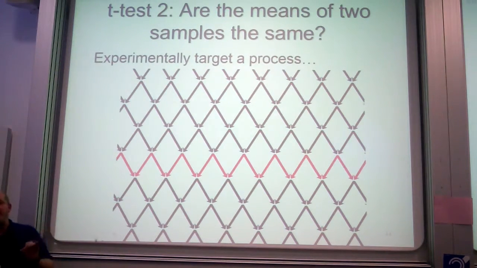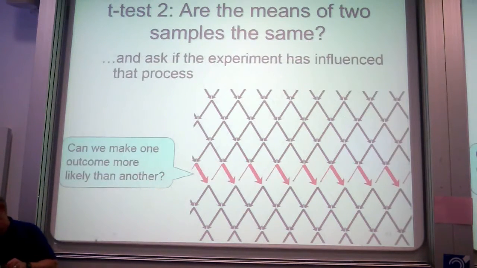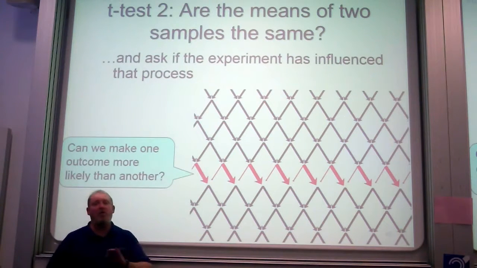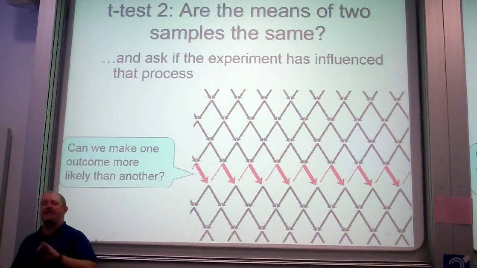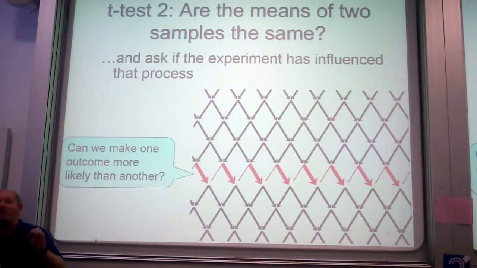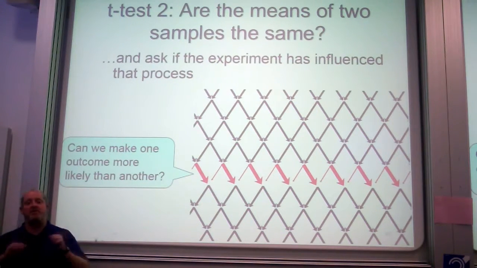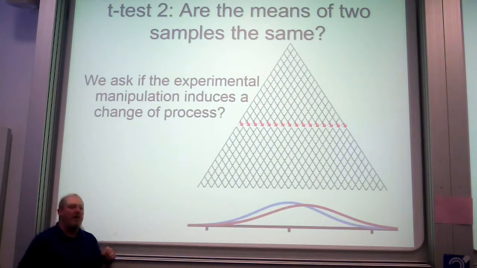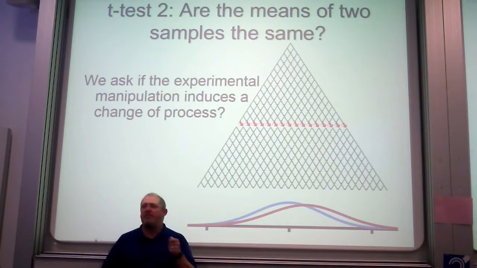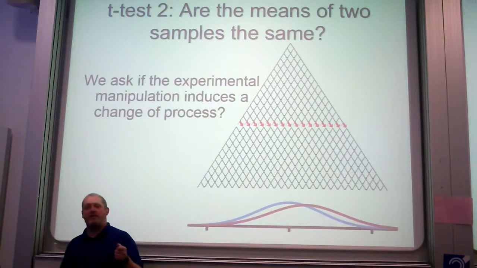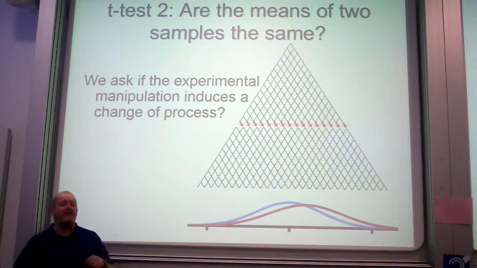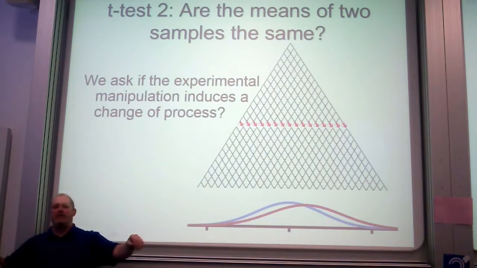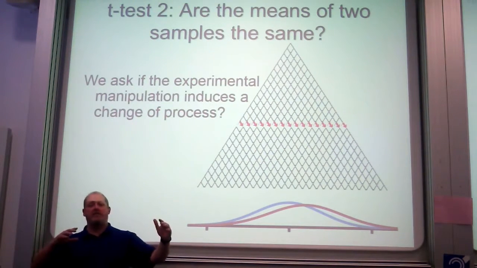So we're targeting a process, or set of processes, and if we can make one outcome more likely than the other, depending on the condition, then the dependent variable will shift. Critically, with a large number of processes, it's just a shift. It will still have exactly the same shape, the same spread, but it will just be shifted.